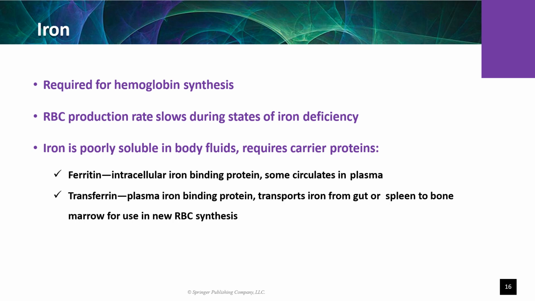Transferrin bound to iron is referred to as saturated transferrin, and the percentage of transferrin saturation varies from 20 to 50% in healthy individuals. Iron used for hemoglobin synthesis comes from two sources. 5% is obtained from gastrointestinal absorption of dietary iron, which takes place in the duodenum, and 95% is recycled from the breakdown of aging red blood cells in the spleen.